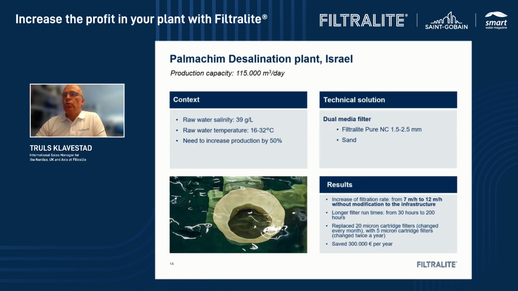Then they changed to 5 micron, and you would think very logically that you should change more often because you go down from 20 micron to 5. But they changed twice a year. Just that saving on the cartridge filters gave them a saving of 300,000 euro per year. So this is a case where you had a problem with the filtration. Your bottleneck was the filtration, but you also got some upflow benefit: less biofouling in the membrane, and also the saving on the cartridge filter.